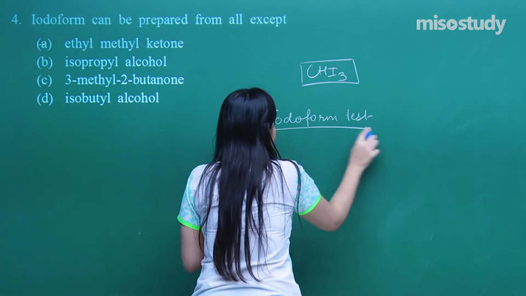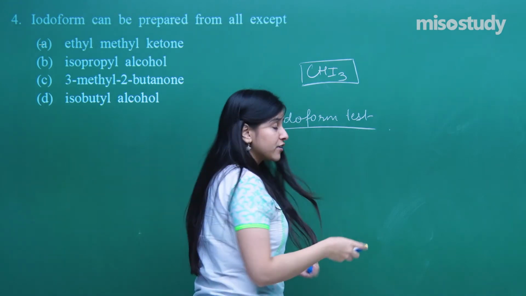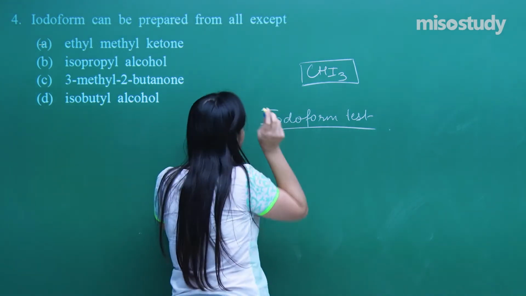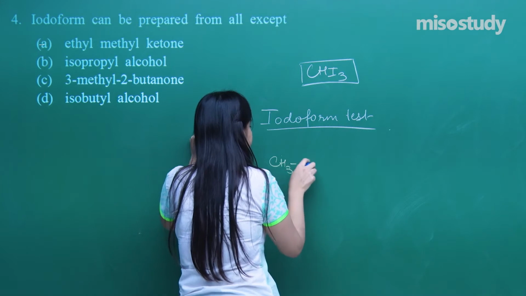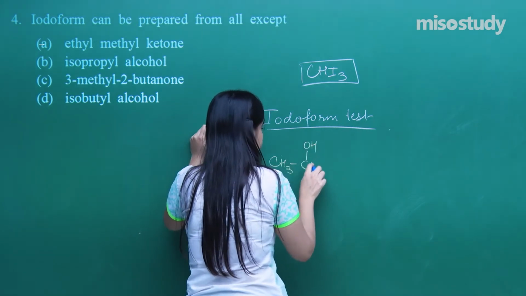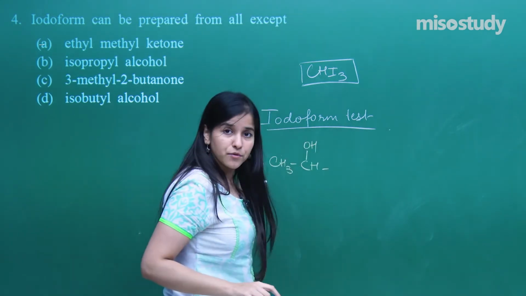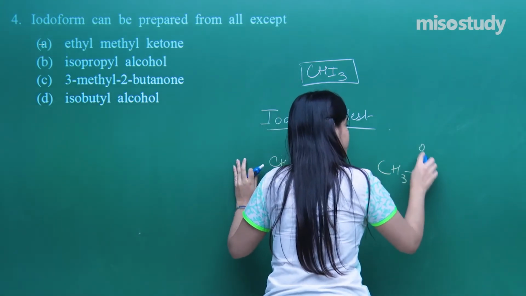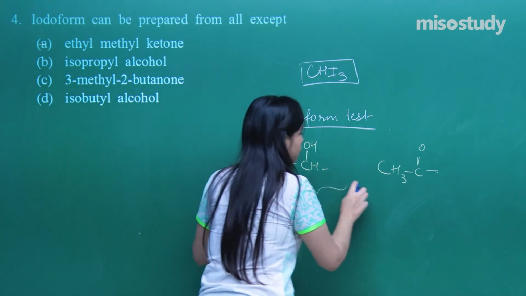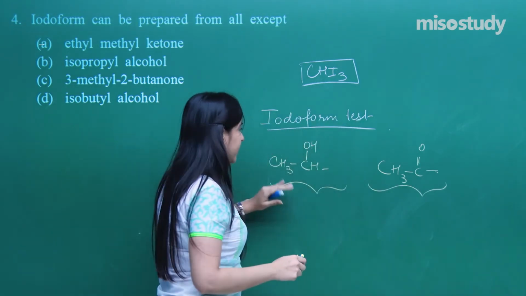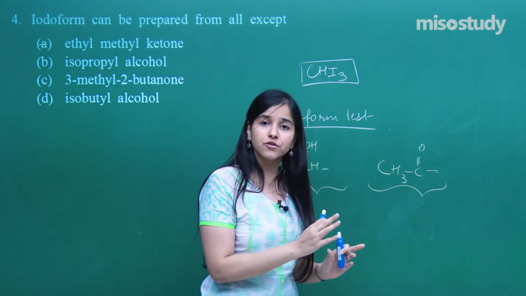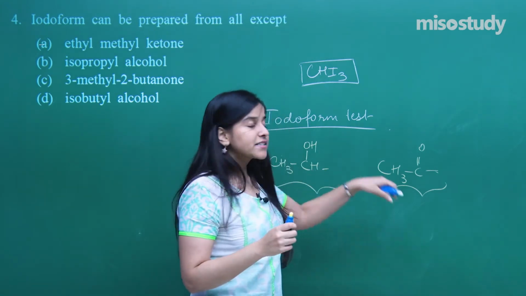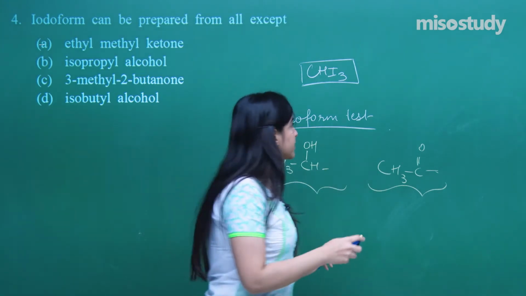and this iodoform test is actually given by compounds like these very types of compounds, or compounds having such groups. So these are the two particular groups which need to be attached on a compound for that compound to give the iodoform test. What is the iodoform test?